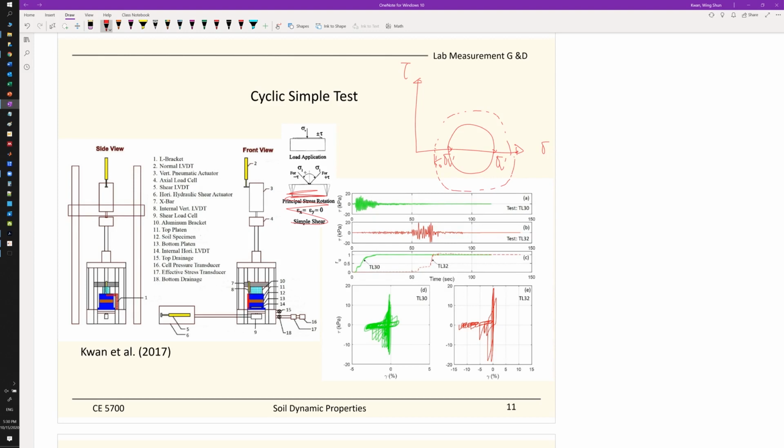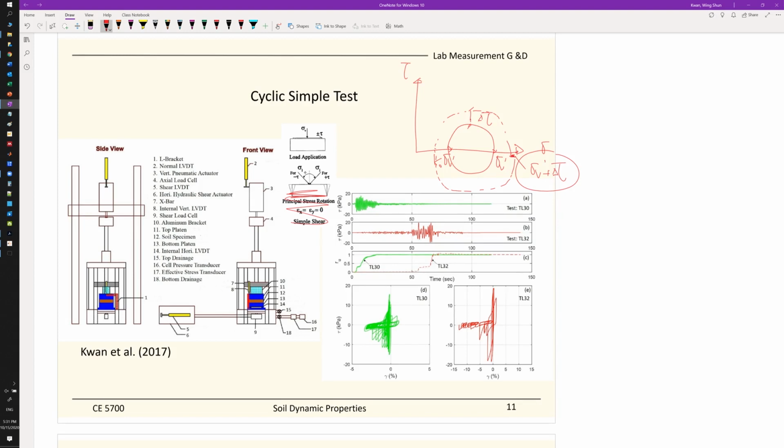This is exactly how the field behaves. So this will be the stress plus the earthquake loading, more like a shear stress imposed on that. So at all times there will be a constant delta stress, and if this is a harmonic loading, this will be a constant.